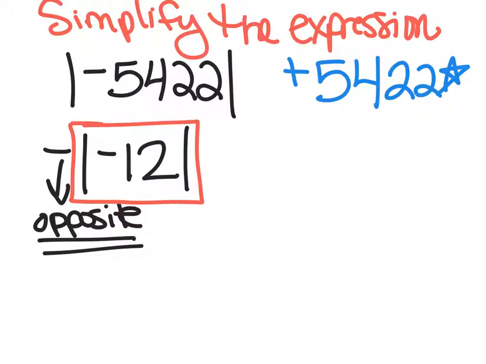Absolute value of negative 12 is positive 12, okay? But this opposite guy says, no, I want what's the opposite of positive 12. Well, you guys should know the opposite of positive is going to be negative. So we're going to erase that positive sign, and we're going to make it a negative sign, because that is what this here indicates, okay?